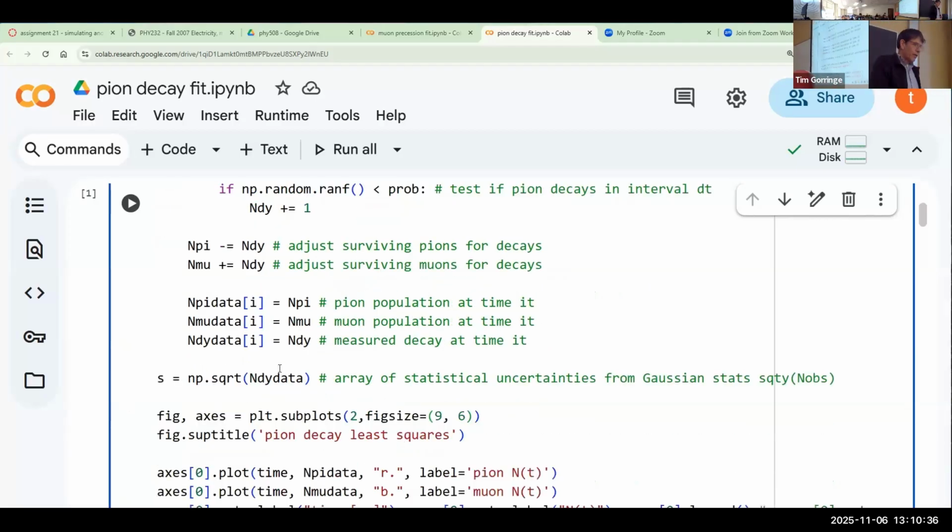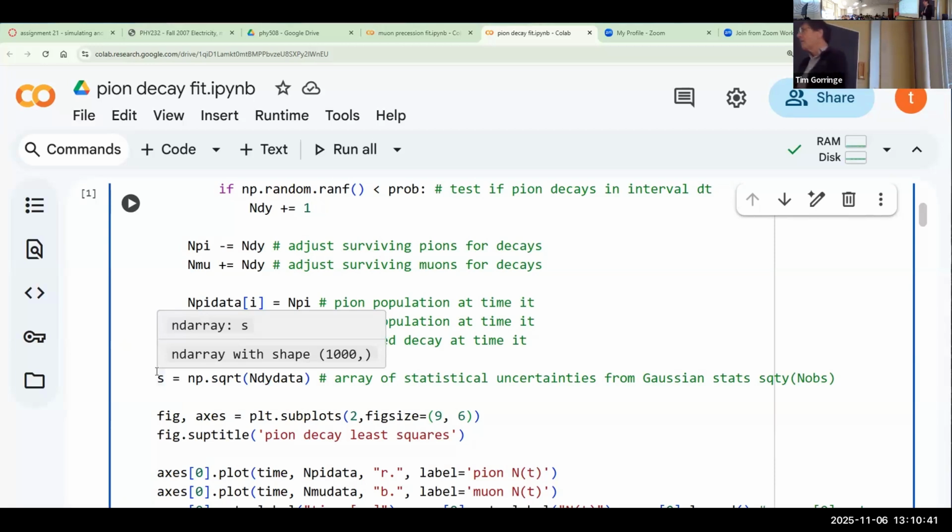There's one more thing after I've done my simulated experiment and generated my simulated data. What I added was this additional array.